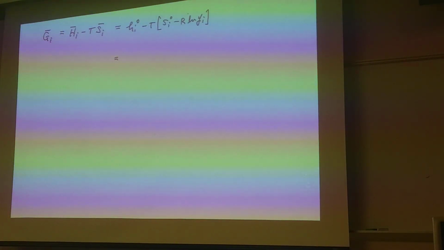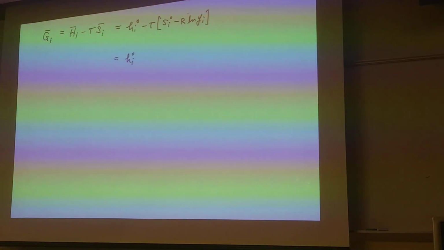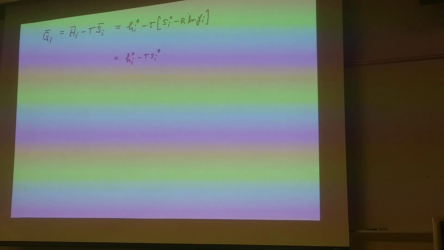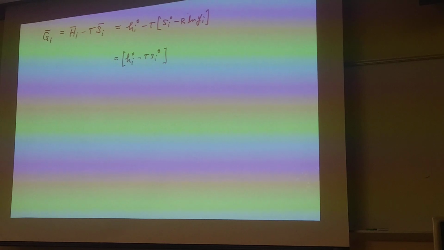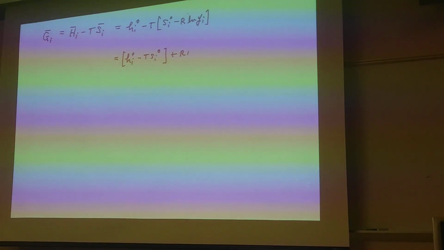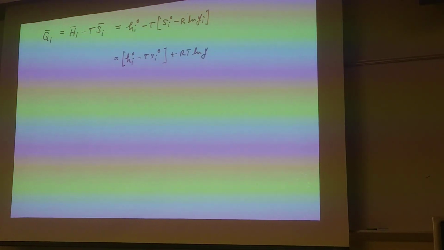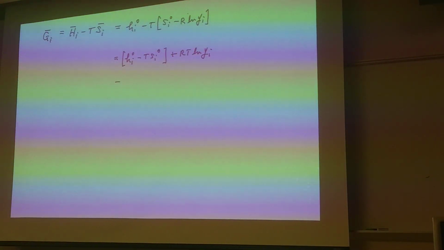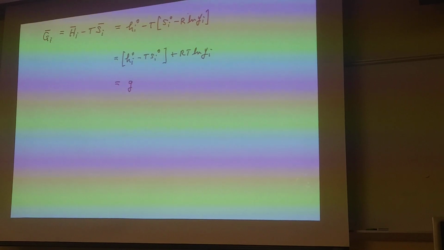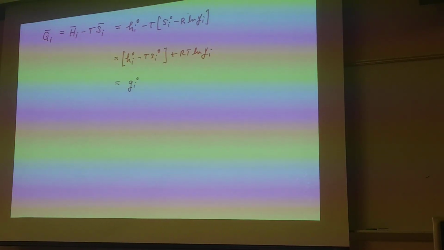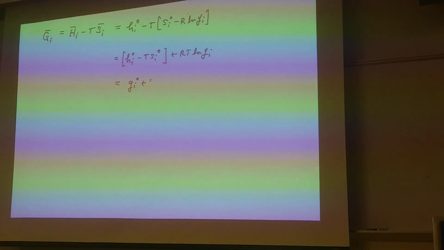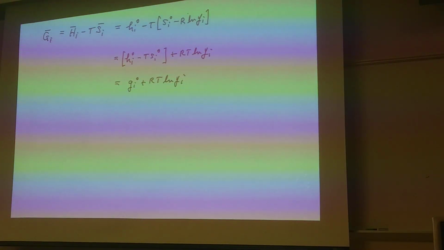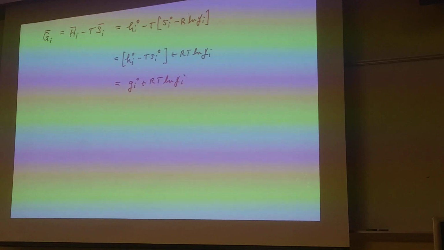So if I do this further, I've got H_I^0 minus T S_I^0 plus RT log of y_I. And I recognize this thing as just G_I^0. It's G_I^0 plus RT log y_I. So I have an expression for the partial molar Gibbs free energy.